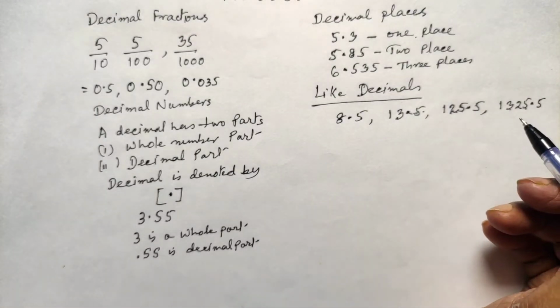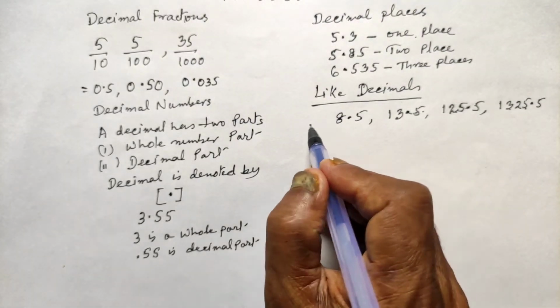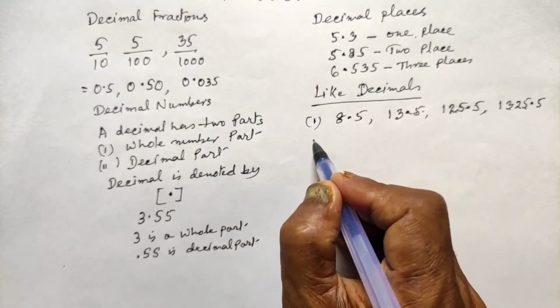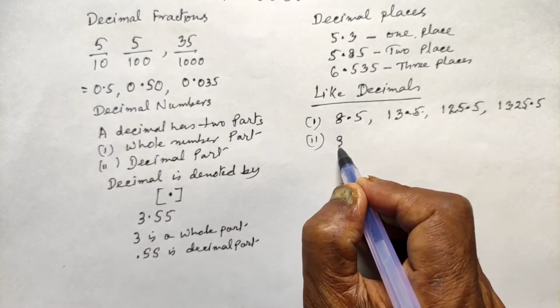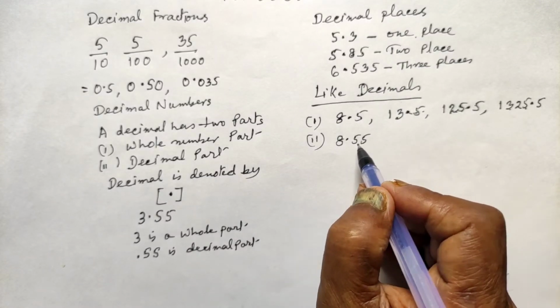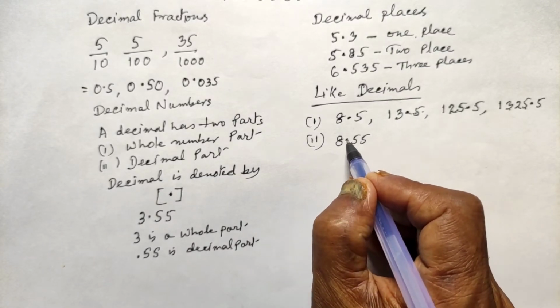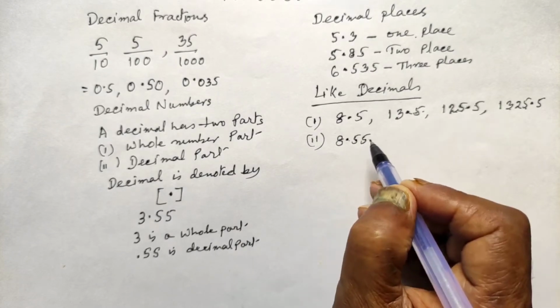Now, having two decimal places also you can say, this is one type of example, and in that case we can say 8.55. 8.55 means after the decimal 2 digits.